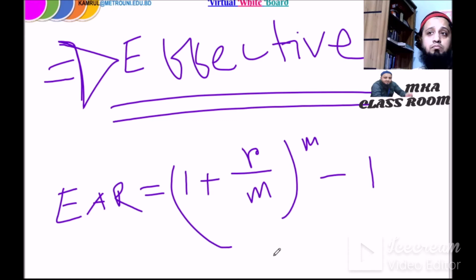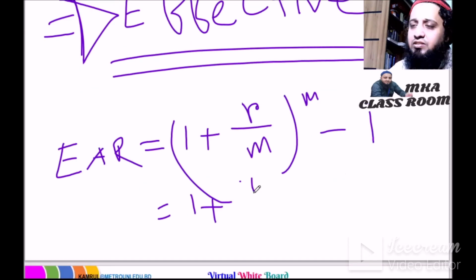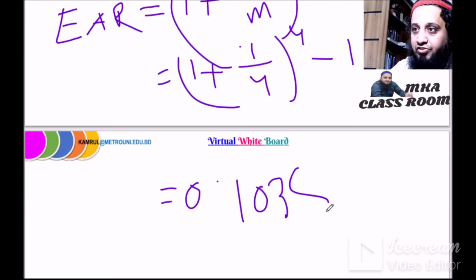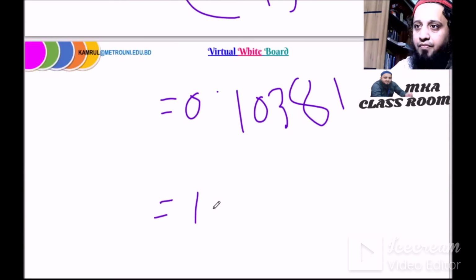Here we have 1 plus 0.1 divided by 4, power 4, minus 1, because it is compounded quarterly. That shows 0.10381. That means 10.38%.